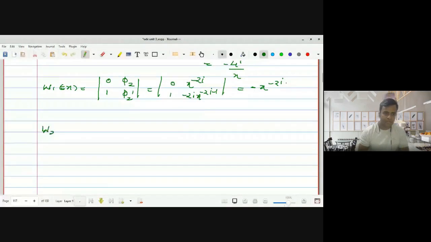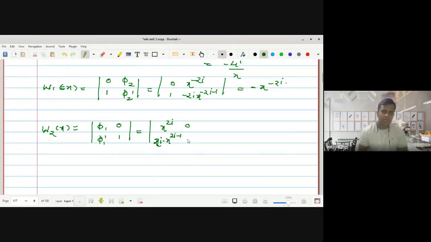Now w2 of x is equal to, replacing the second column, phi1 and phi1 dash here, and 0 and 1. That is equal to x raised to 2i, this is 0, x raised to 2i into x raised to 2i minus 1 into 1 and 1.